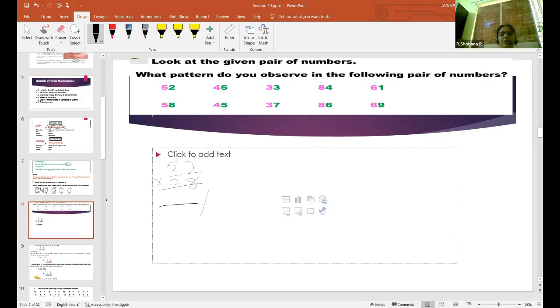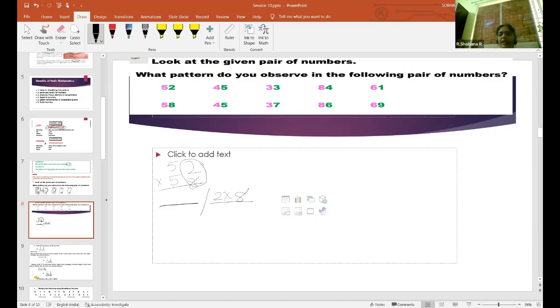The first portion will be the product of the ones digits that make 10, which is 2 into 8.